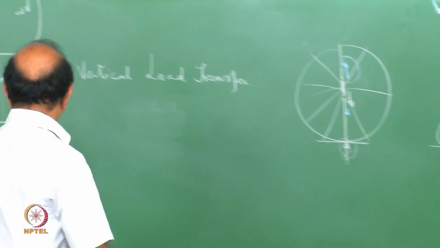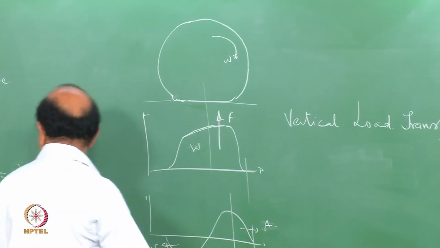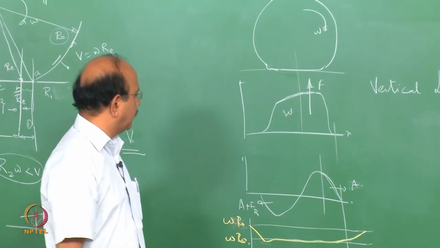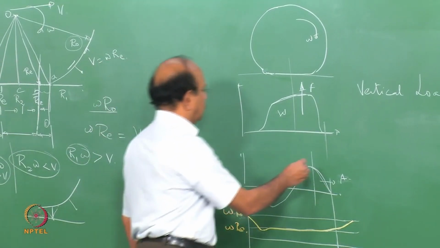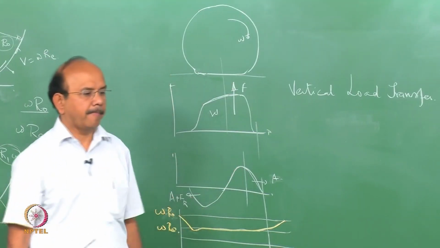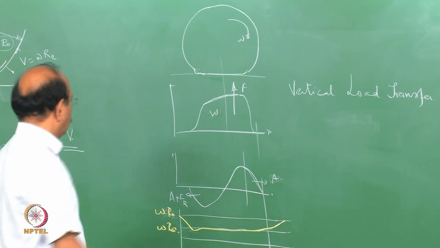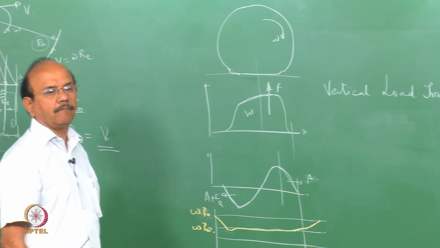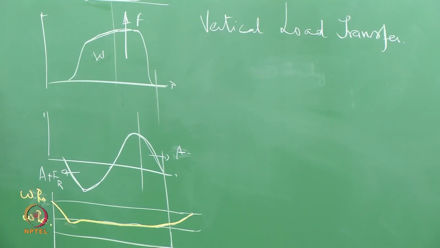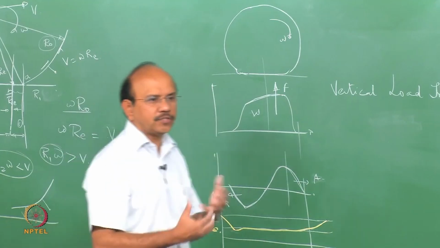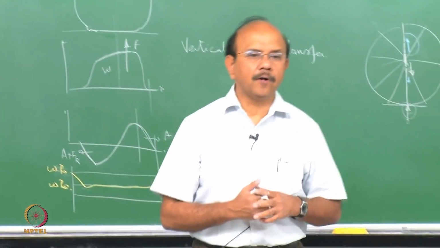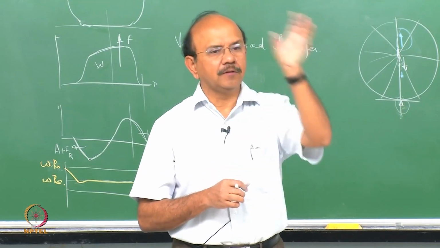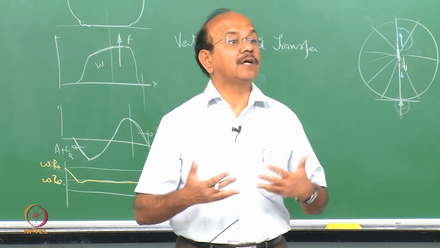So the lateral force in the first part up to A goes in one direction, then starts dropping, then goes in the opposite direction and then goes up again. In other words, the lateral force developed depends upon the difference between the velocity of the wheel and the ground velocity.